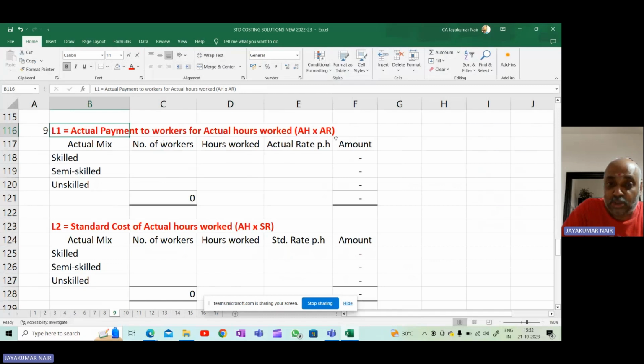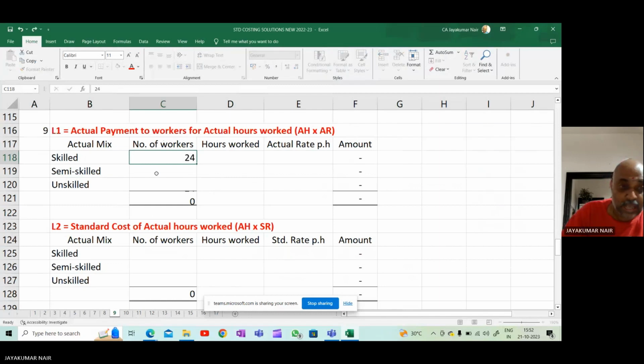So actual hours into actual rate. So there are the mixes, skilled, semi-skilled, and unskilled. Number of workers we will take, hours worked we will take, and the rate per hour, you get the total amount. How many skilled workers, how many unskilled workers, it is given in the question. So we will be taking from the question. What is it? Skilled workers 24, semi-skilled 15, and unskilled 12.